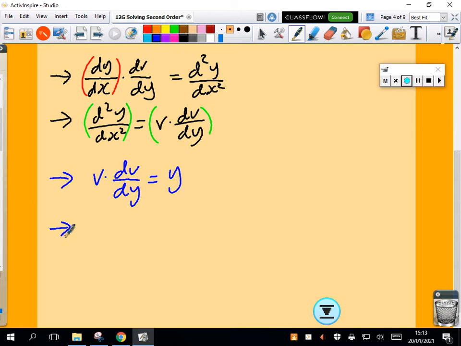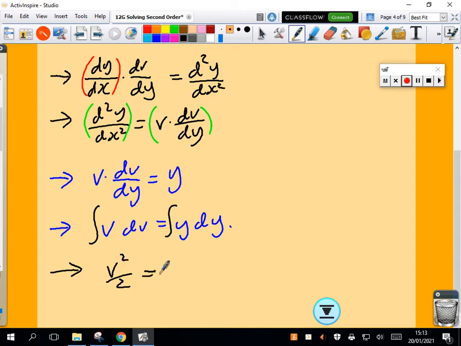I'm just going to multiply on both sides by dy. v dv is going to equal y dy. I'm going to take antiderivatives on both sides, and we're going to get v²/2 is equal to y²/2 plus c. That's a general solution.